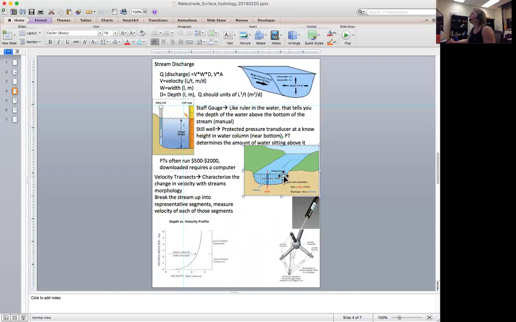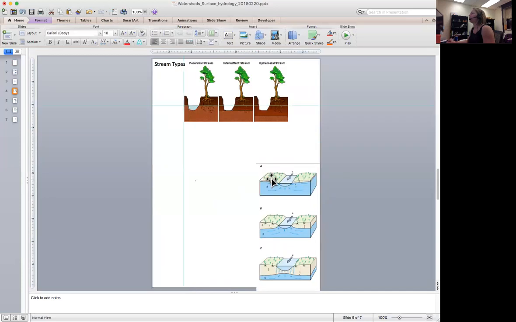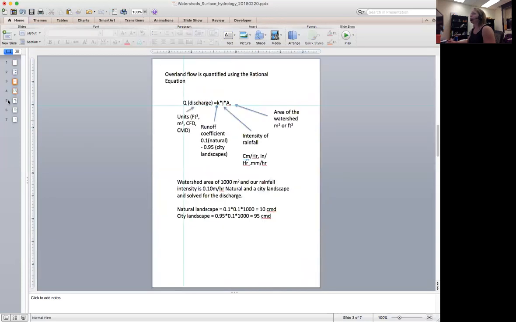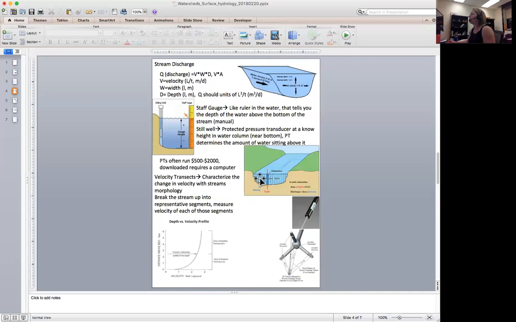So you can see that depicted to the right. We see each of these segments here. You see that they've been divided into more representative areas. And then we go ahead and we measure the velocity in each of these areas. So we know that this has a certain length and a certain width and a certain depth, right? So we can solve for the area of each of these boxes. And then we can go ahead and measure the velocity.